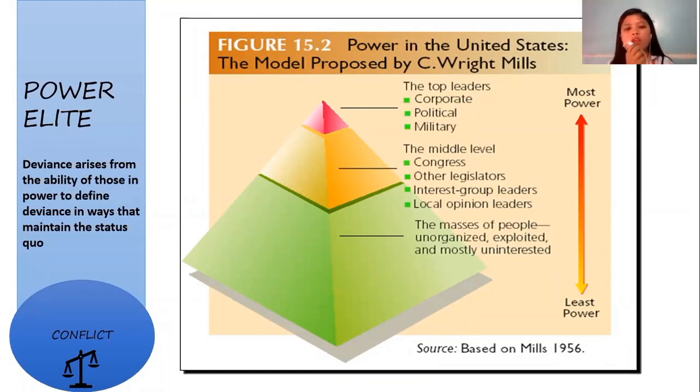People who engage in deviant behaviors are mostly in the lower class because people who are elite control what deviance is. As they control power and wealth, they can also influence the acts of defining deviance.